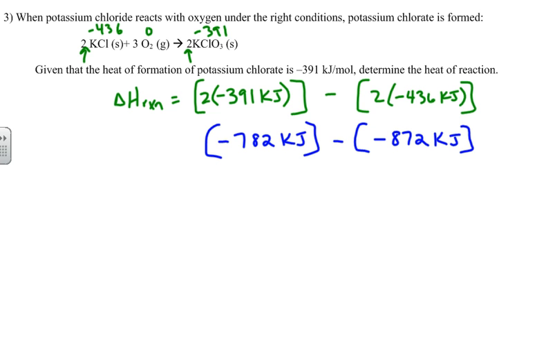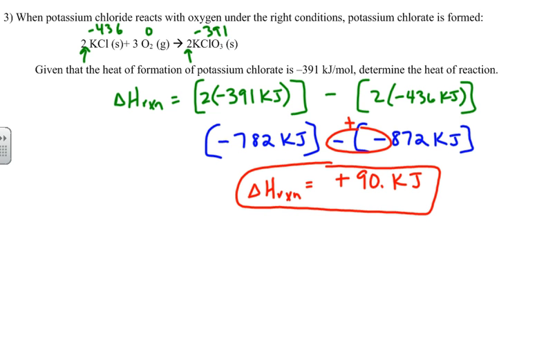Now it's just a matter of making sure that we add that number. So negative 782 plus 872 works out to the heat of the reaction being a positive 90 kilojoules.